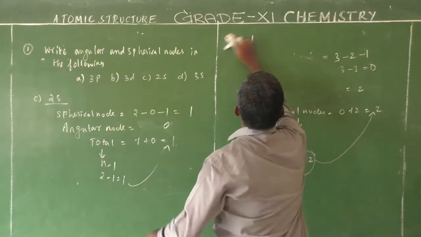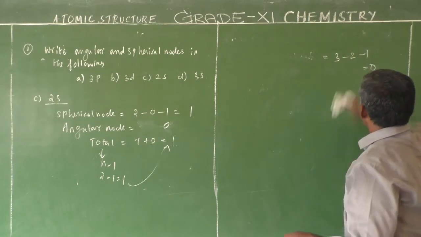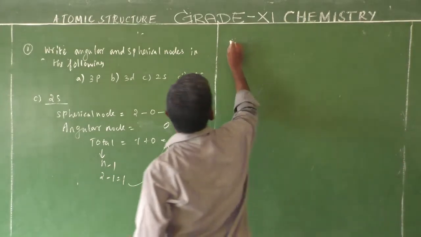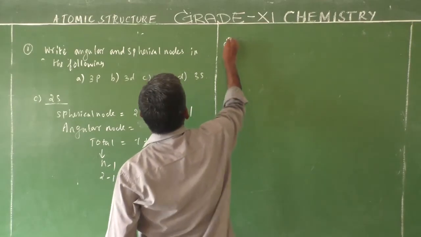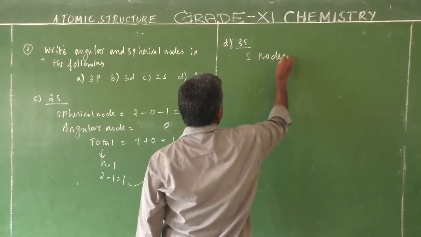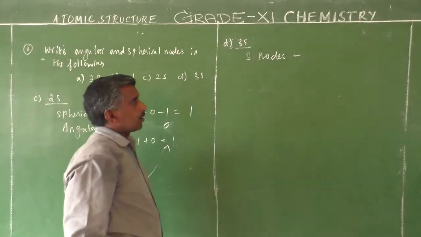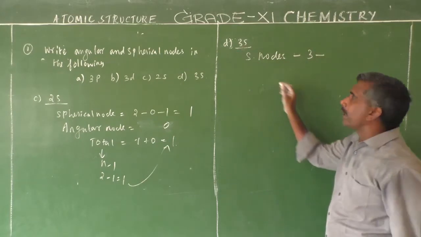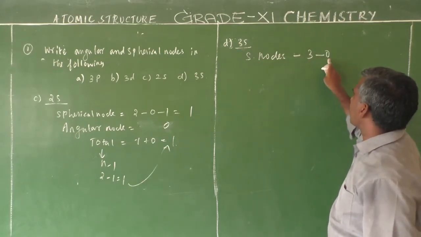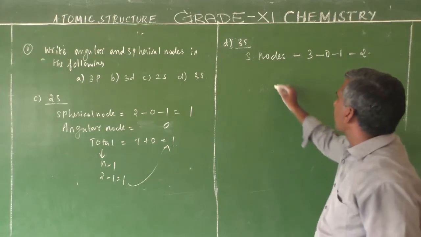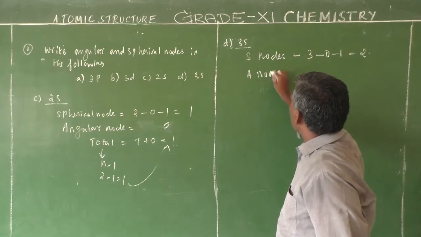Now the 3s orbital, question D. Spherical nodes for the 3s orbital: l is 0, n minus l minus 1, that is 2. The spherical node is 2.